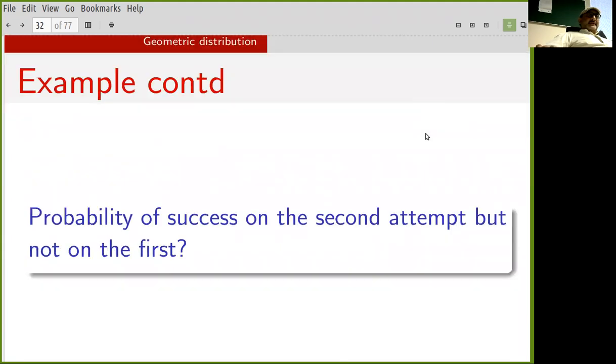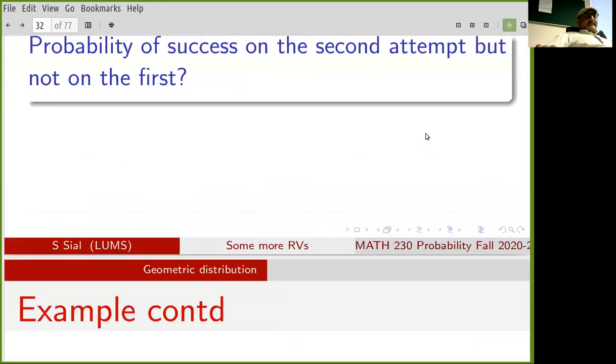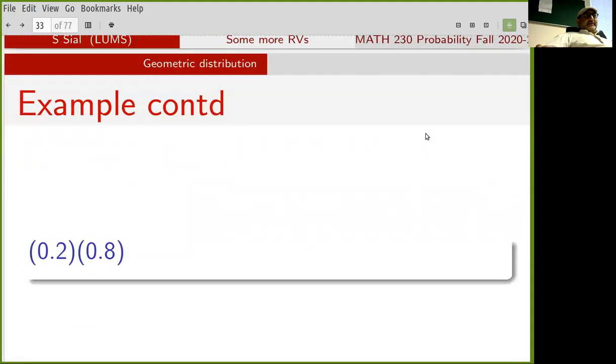Well, the first one has to fail. Remember, these trials are independent, so we can multiply probabilities. Okay, so you'd have to get a failure with probability 0.2, and that would have to be followed by success with probability 0.8. Okay, like this.